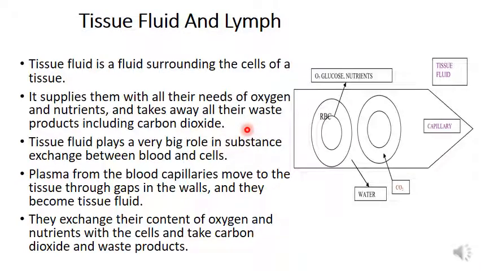So tissue fluid is also important in substance exchange between the blood and the cells. Plasma from the blood capillaries moves to the tissue through gaps in the walls of the capillaries, and becomes tissue fluid, and it exchanges its oxygen and nutrients with the cells, and then takes up the waste.